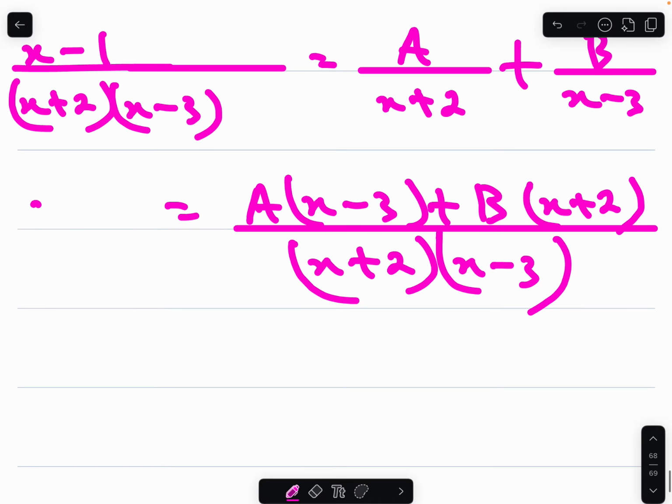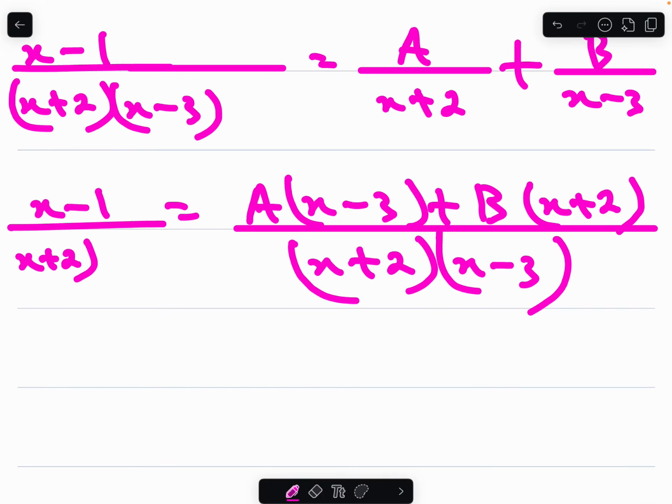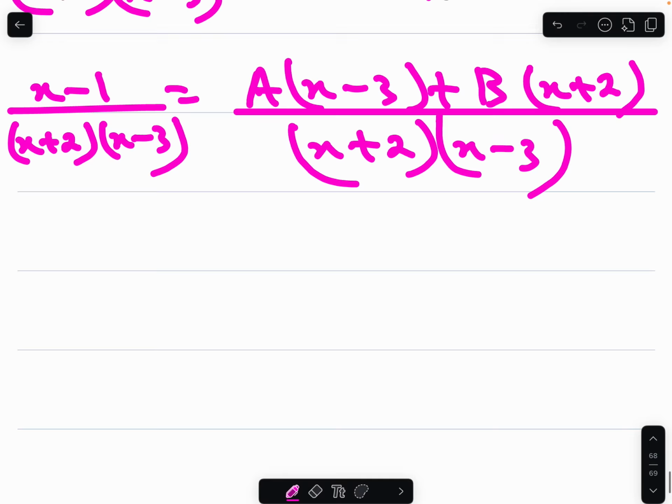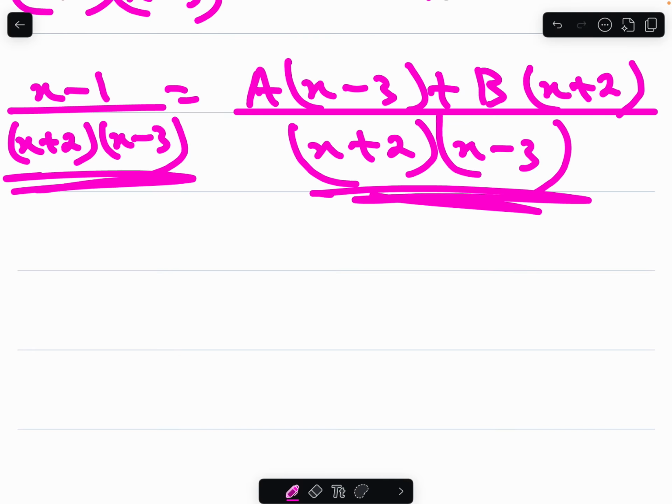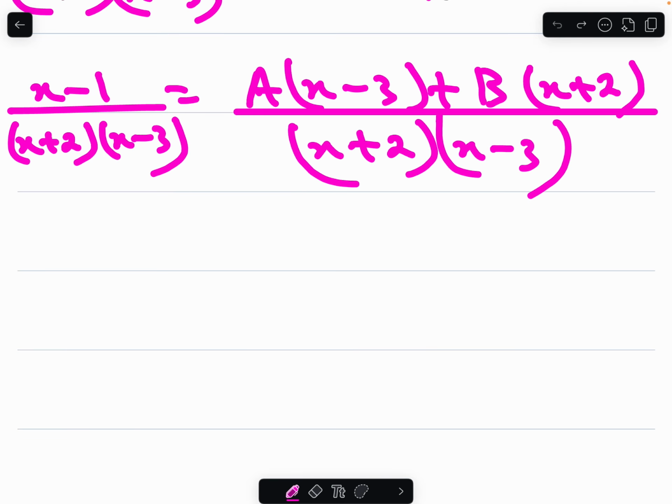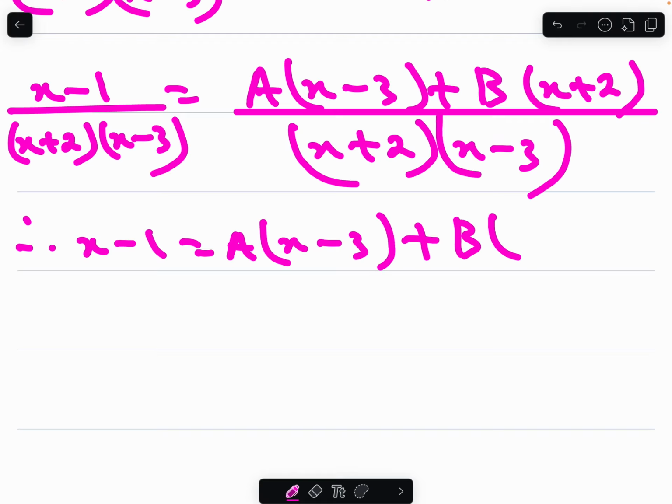What this simply means is that x minus 1 over x plus 2 times x minus 3 is equal to what's on the right hand side. If the denominators are the same, that means the numerators are also equivalent. That simply means x minus 1 equals a into bracket x minus 3 plus b into bracket x plus 2.